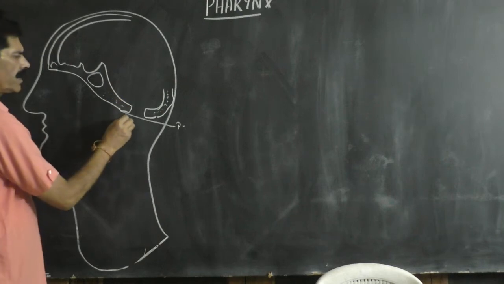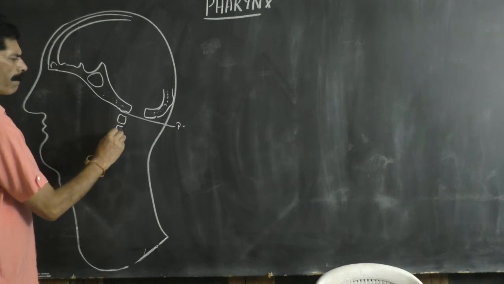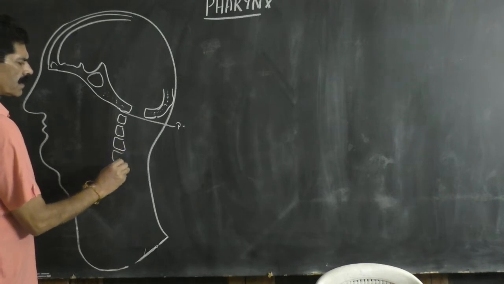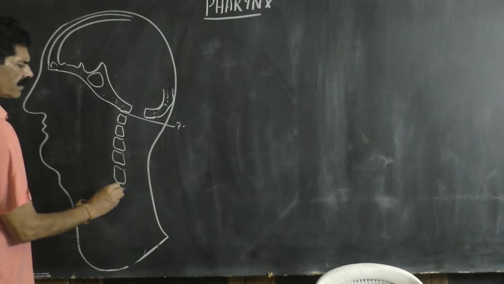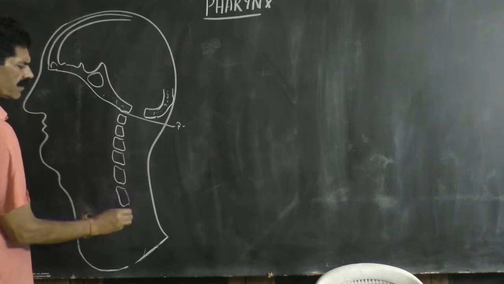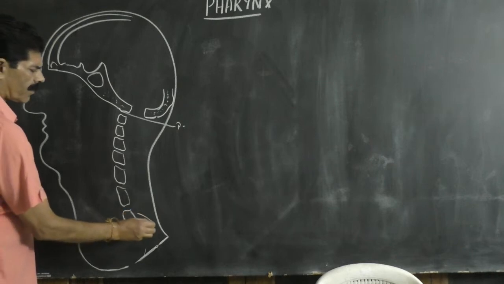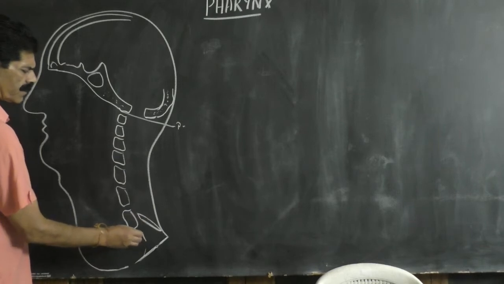Then we have the anterior arch of the atlas, the body of C2, C3, C4, C5, C6 vertebra, and C7, which is called the vertebra prominens with the longest spine.